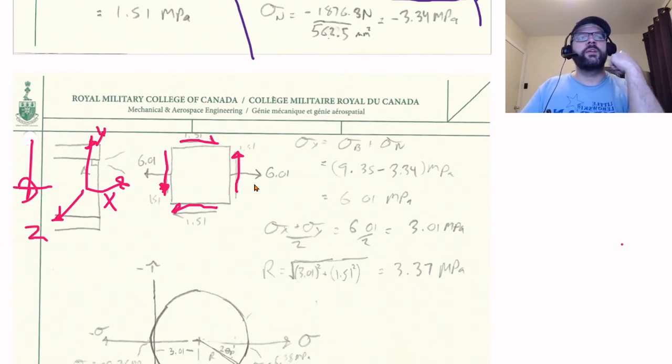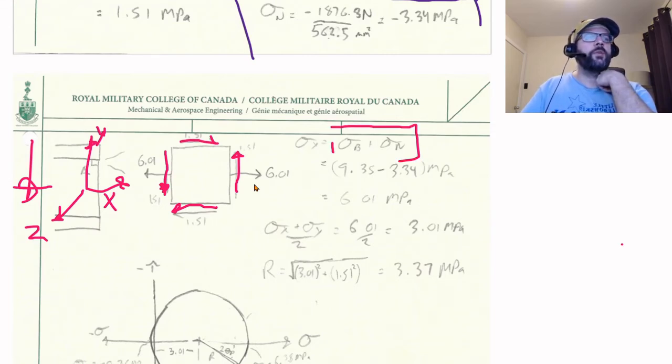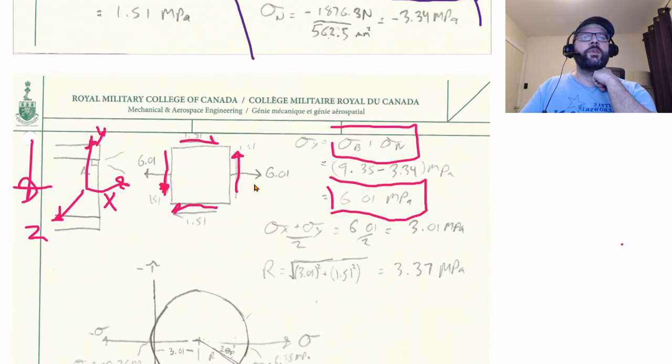As for the stresses in the x direction, we got the bending and our normal. The bending was 9.35 megapascals, and our normal stress was minus 3.34 megapascals. So that gives us an axial stress in the x direction of 6.01.